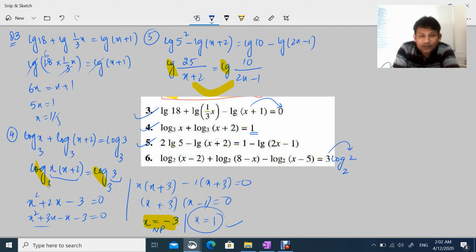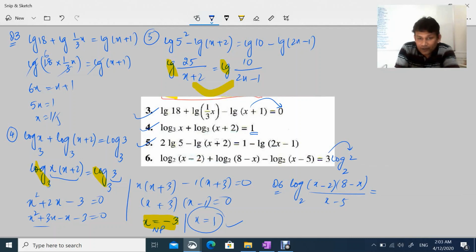So in question number 6 I will write only a single log, plus means multiply, so I will write log 2 x minus 2 will multiply with 8 minus x divided by x minus 5 is equals to, here 3 is becoming the power of 2, so 2 cube is 8.